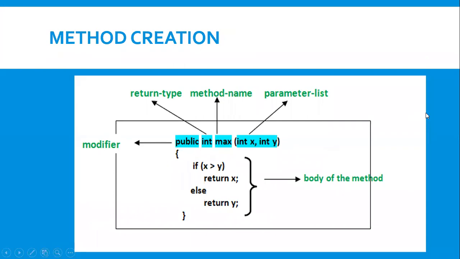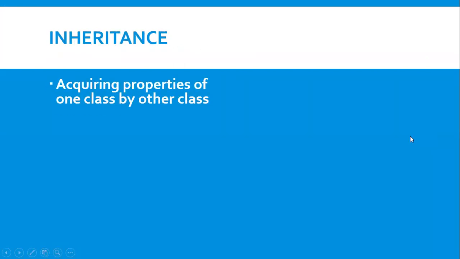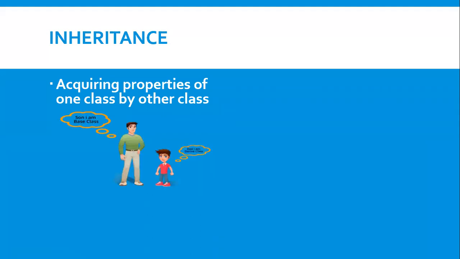Now we are moving on to the next concept, that is inheritance. What do you mean by inheritance? Inheritance is a methodology in which the properties of one class are acquired by another class. For example, father says, son, I am the base class, and then son says, dad, I am a derived class.